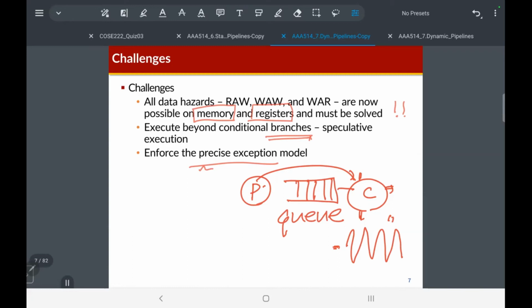And if there is no queue here, what will happen? Let us assume that there is no queue between producer and consumer. Sometimes the consumer will work very fast, and that's good.